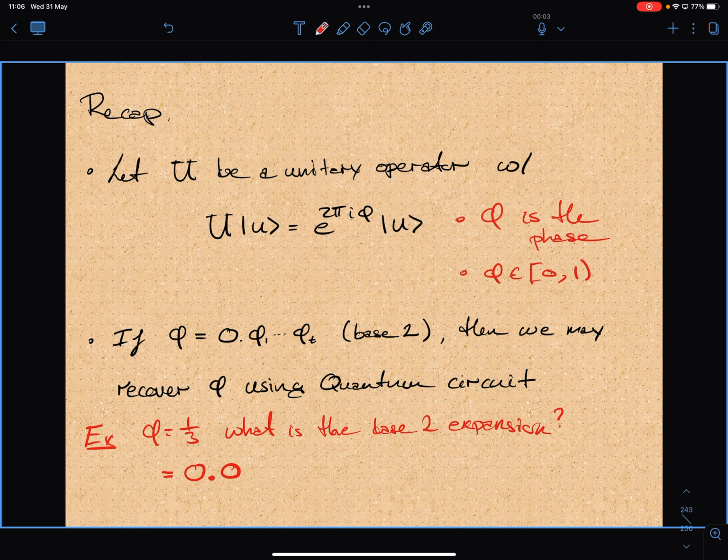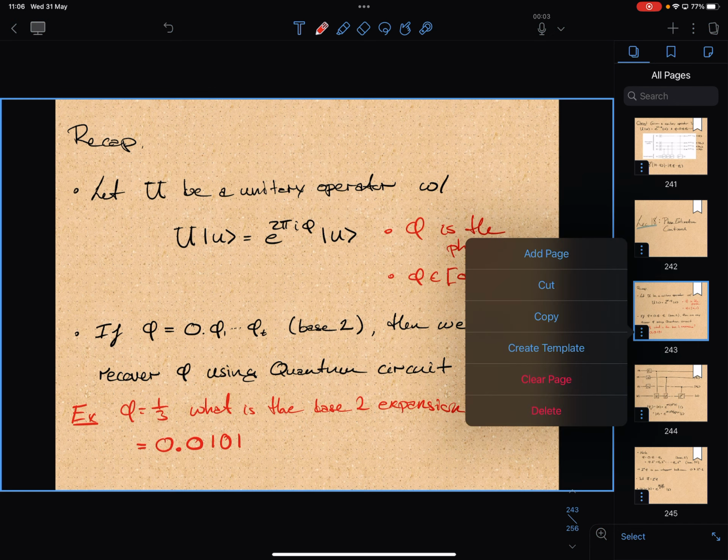1. What's the next digit? 0. What's the next one? Can you explain why? Yeah, why 0, 1? I can guess the pattern, but... Yeah, so let's add a page here.